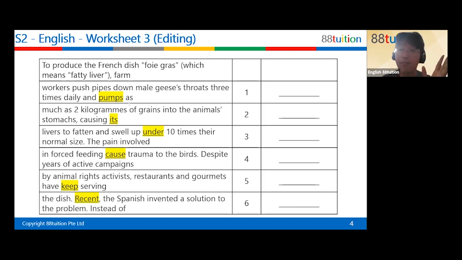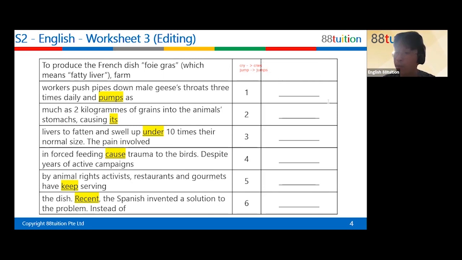Ones that we would add IES behind would be words that normally end with Y, for example cry. If it's cry, we would change it to cries, so we cancel the Y and then add the IES behind. And normally it would be something like jump, and then we change it to jumps, that kind of thing.